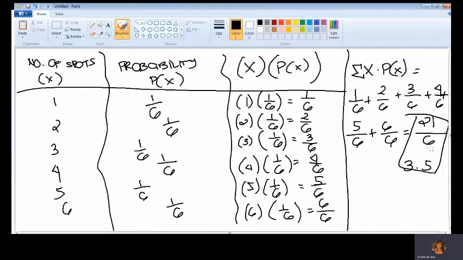Although the die will never show a number which is 3.5, this implies that when rolling the die many times, the theoretical mean would be 3.5. Okay, now let's try question number 2.